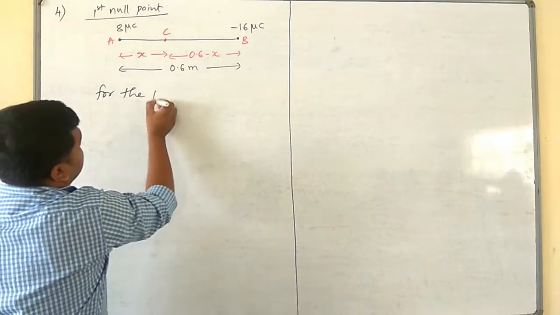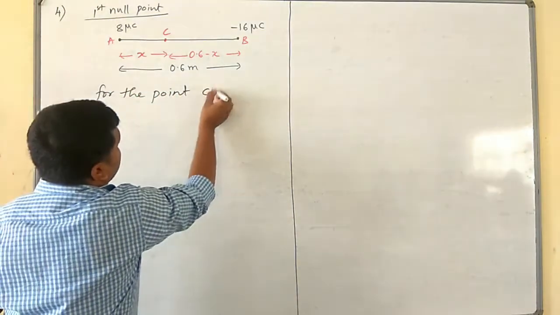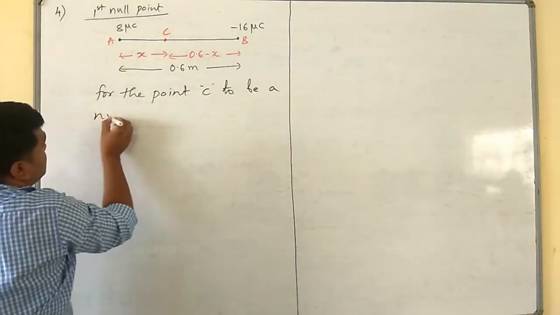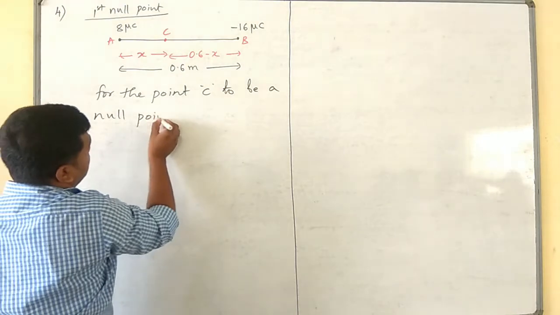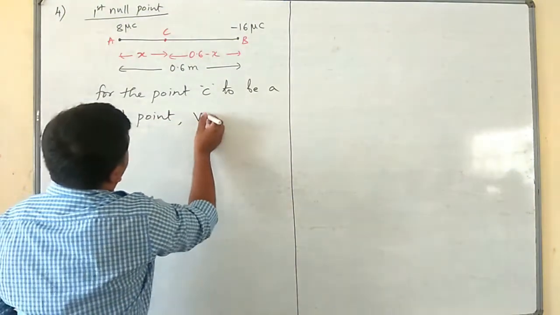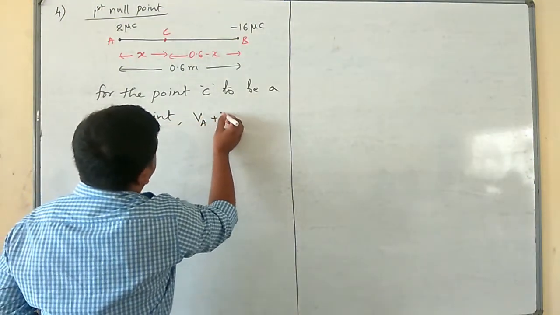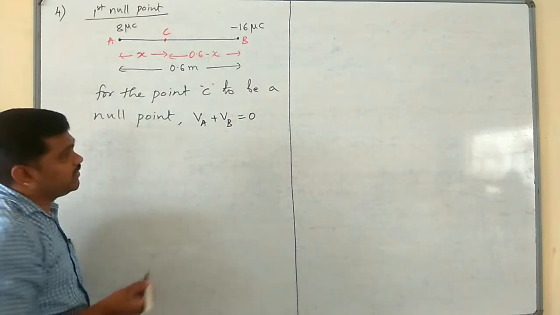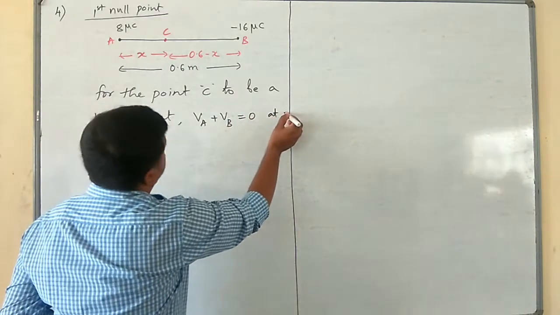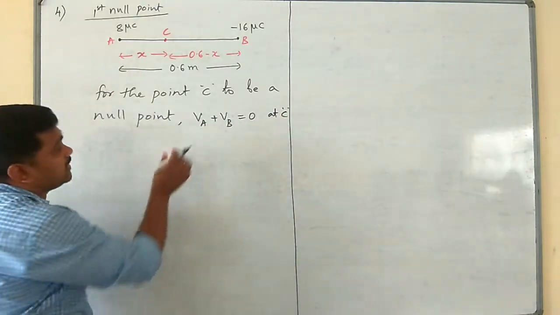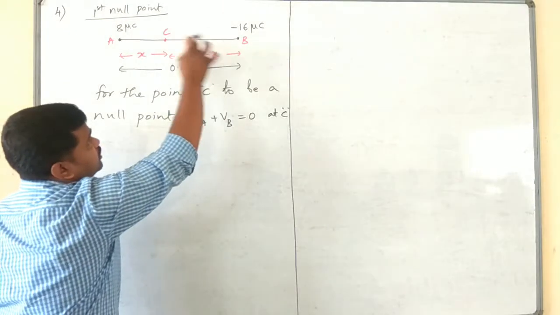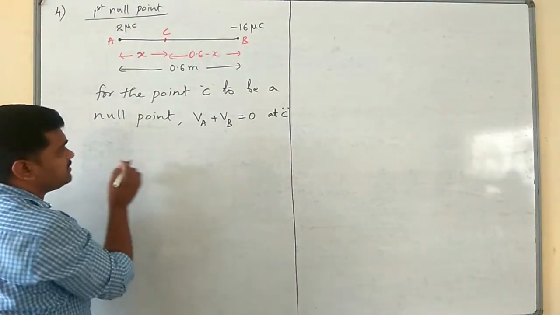For the point C to be a null point, VA plus VB should be equal to 0 at C. That is, the sum of the potential due to the charge at A and the potential due to the charge at B should be 0.